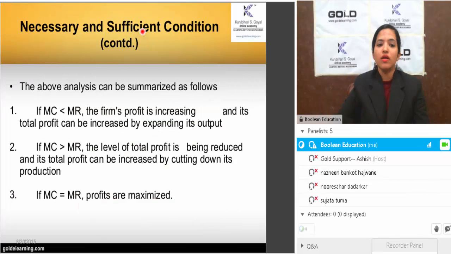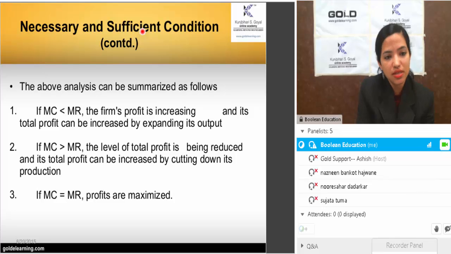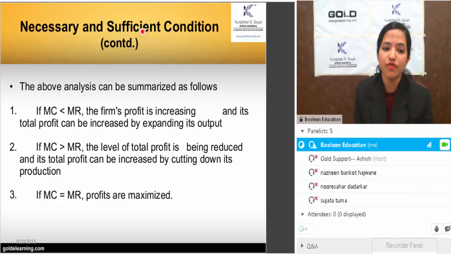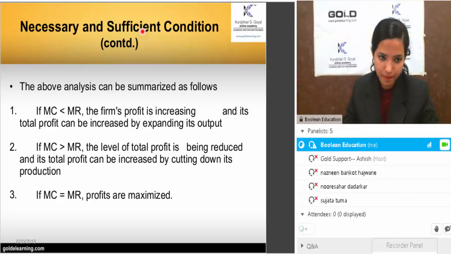Okay. The above analysis can be summarized as follows. When marginal cost is less and marginal revenue is high, the firm's profit is increasing and its total profit can be increased by expanding its output.